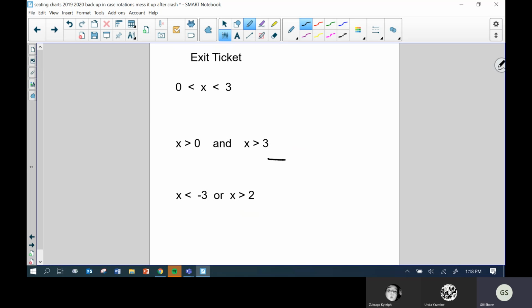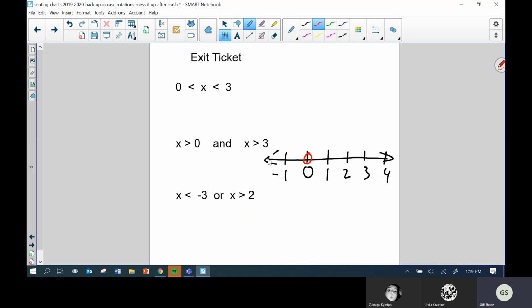So for this one, I'll give you a really big hint. So that's your graph. You'd say, all right, I need x to be greater than 0.